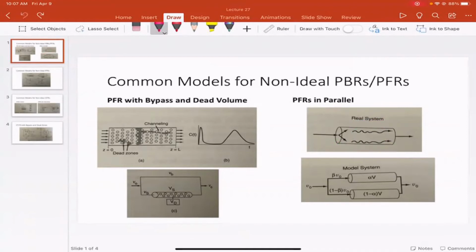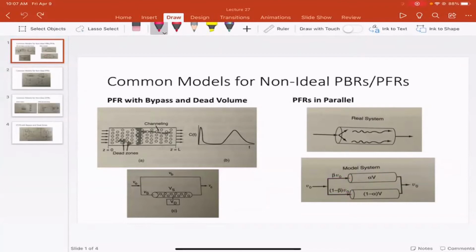If that is the case, let's just model the system then as two plug flow reactors in parallel. And the first reactor takes up a portion of that volume, and the second reactor takes up the rest of it, right? Because the sum of these two is just the volume. And you also have some fraction of the flow that goes through this top portion, and some portion of the flow that goes through the bottom portion.